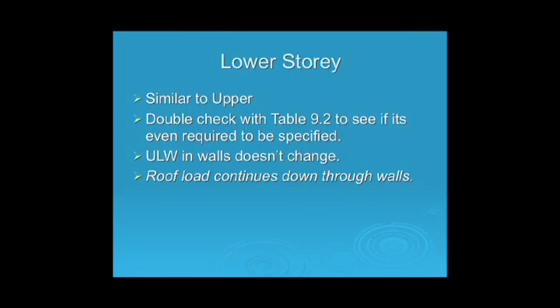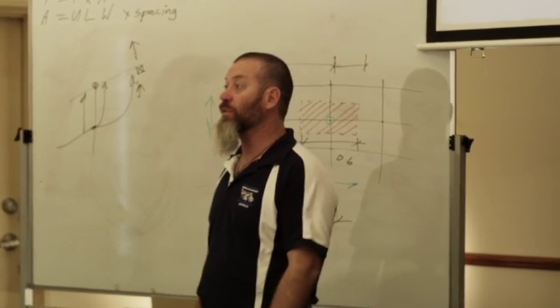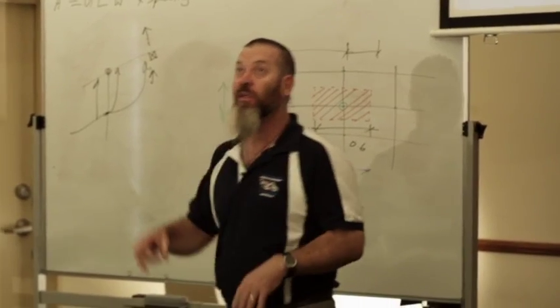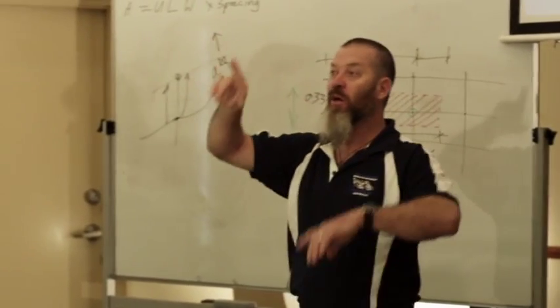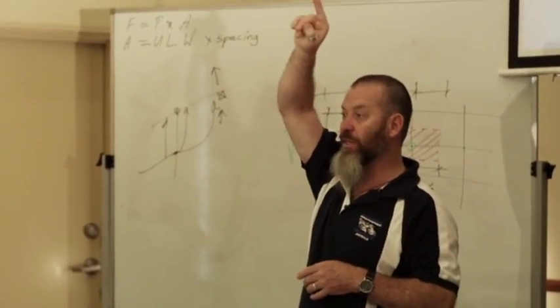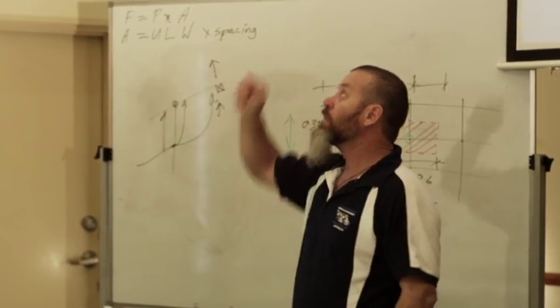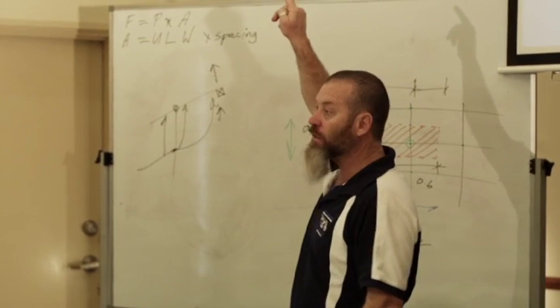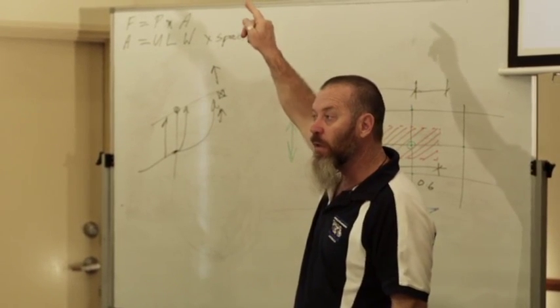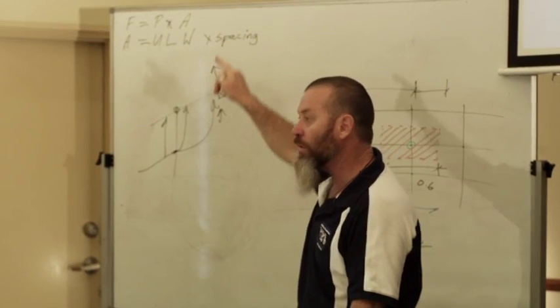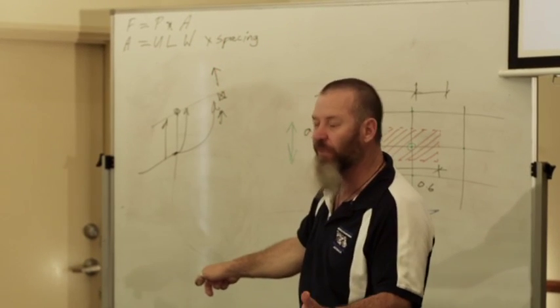Now, you've seen me doing this before. Let's look at this building. Let's pretend this is a two-storey building. We're up on the first floor. So I've got a truss roof, and a point load in the centre of the truss roof. Half the load is going this way and half the load is going that way. The load going this way hits the top plate. Once it hits the top plate, the load continues down through the wall frame.